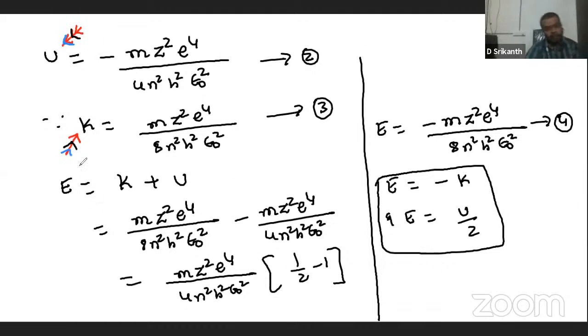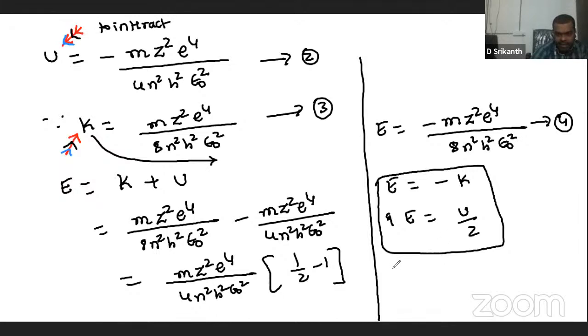Okay, fine. See, this kinetic energy is the energy obtained by the electron in revolving around the nucleus. And this potential energy is required by the electron to interact with the nucleus. During the interaction, either the electron may go to a higher excited state, or it may go to the next lowest energy state.